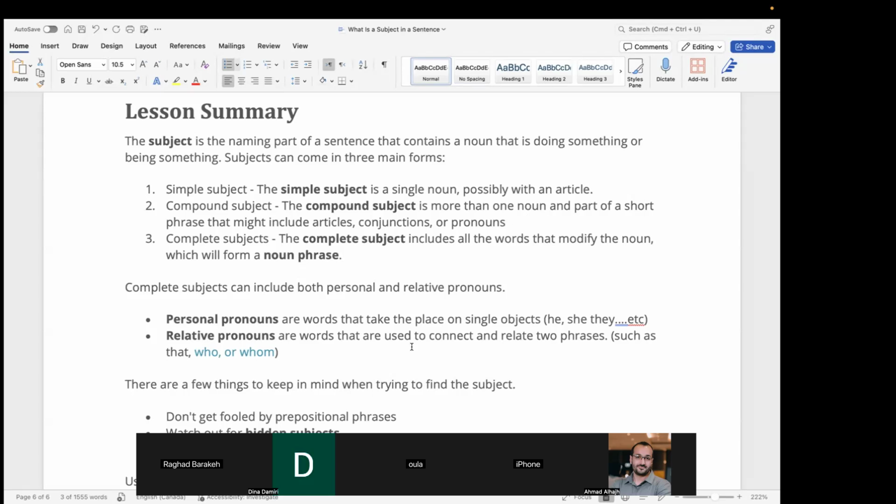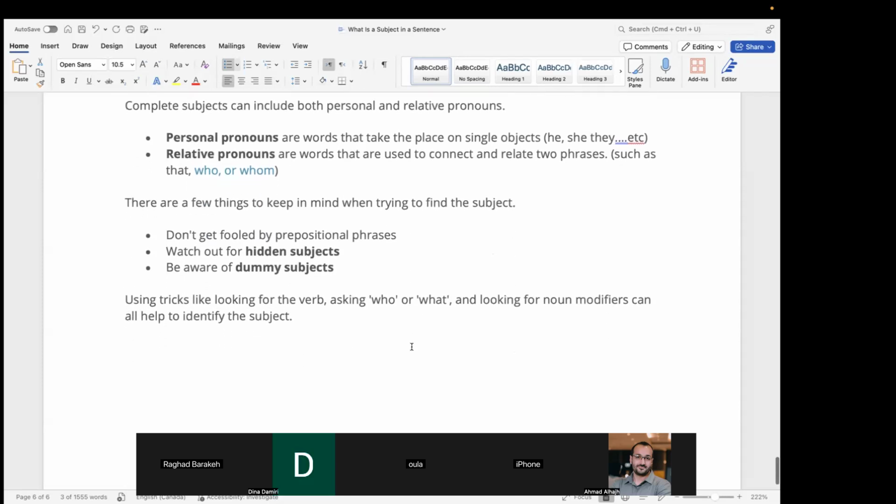Now, what is the meaning of a complete subject? What can they include? Both personal and relative pronouns. Personal pronouns are words that take the place of a single object: he, she, they, etc. Relative pronouns are words that are used to connect and relate phrases, such as that, who, or whom.